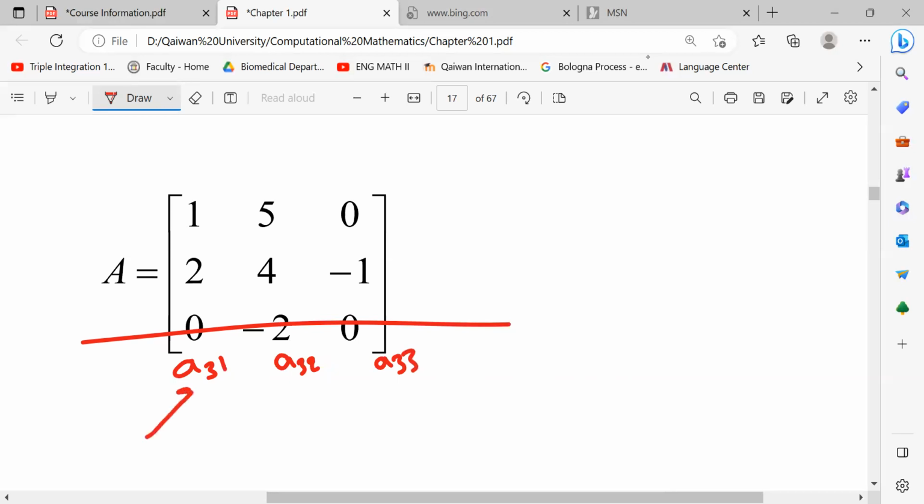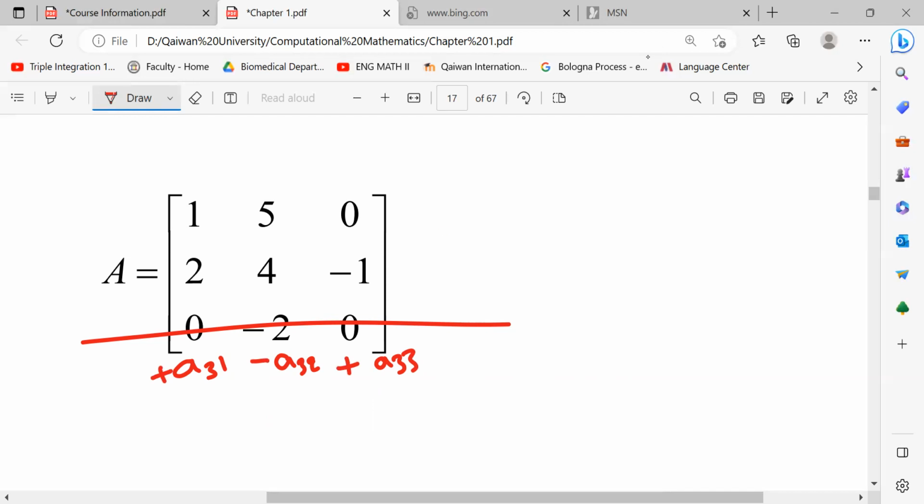What's the coefficient of this one? Is it positive or negative? It's positive because 3 plus 1 is 4. So it's positive, this one is negative, and this one is positive. These are the signs of the coefficients.